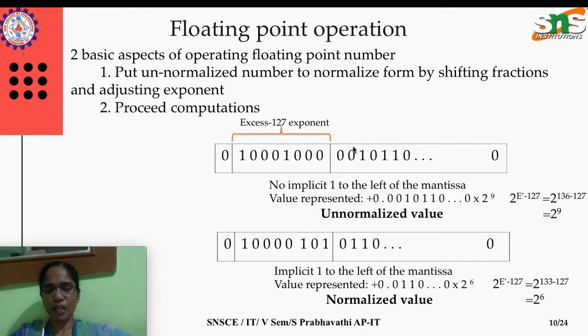This representation is given in unnormalized form. Unnormalized means that to the left of the binary point, the number is not 1. So in this representation there is no implicit 1 to the left of the mantissa.